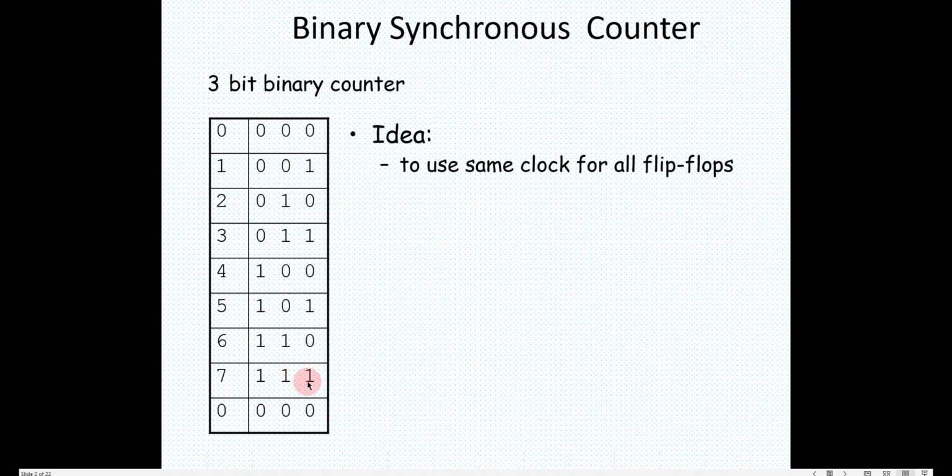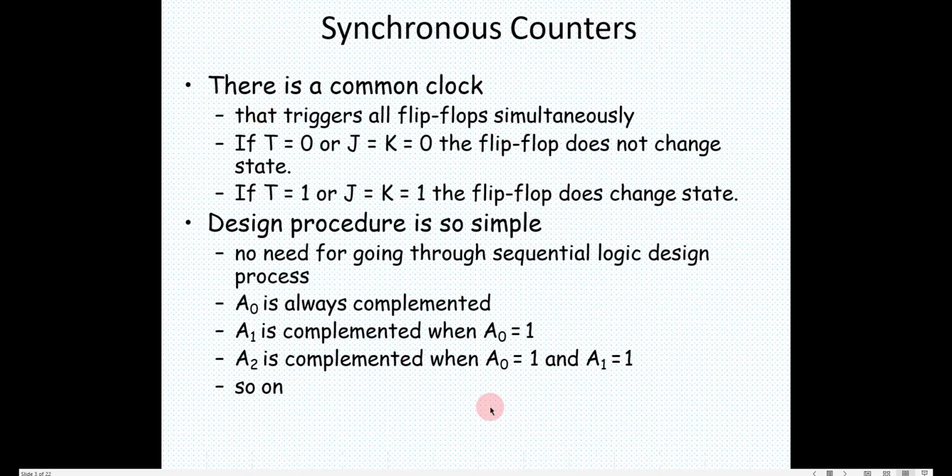So whenever there are two 1s here, this is making a transition. That means this toggle should be based on the AND of these two. So this is what is explained out here, whatever we discussed now.